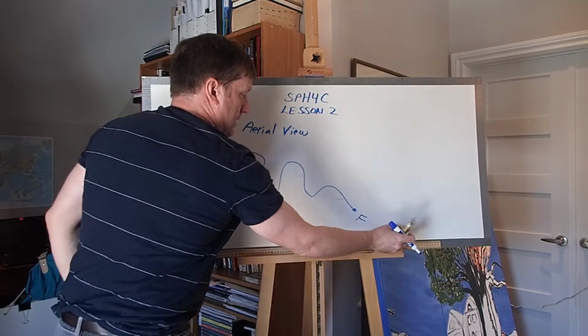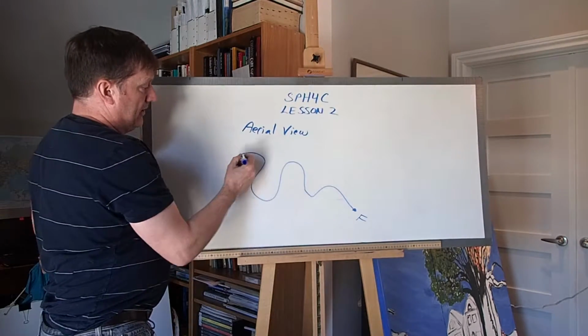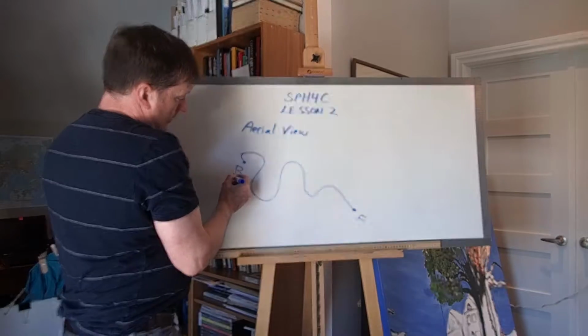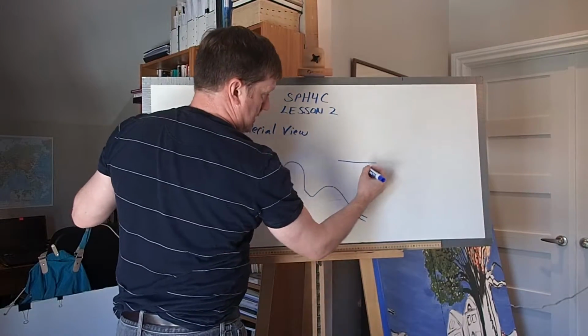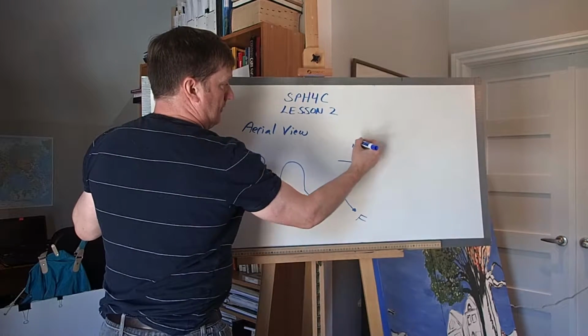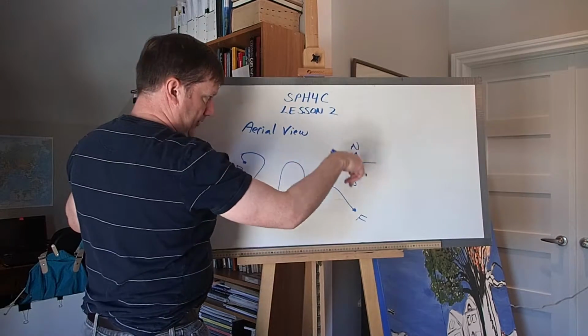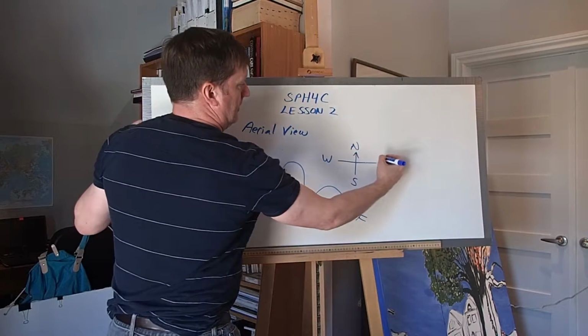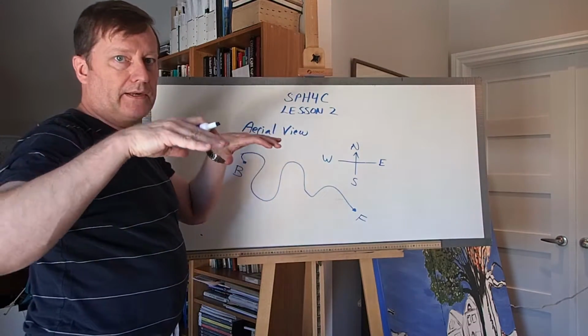Einstein has moved in 2 dimensions. Here's where he began, here's where he finished. Now let's imagine that this was north, it's not up, this is south, it's not down, this is west, this is east. We're looking as if we're birds down on Einstein.